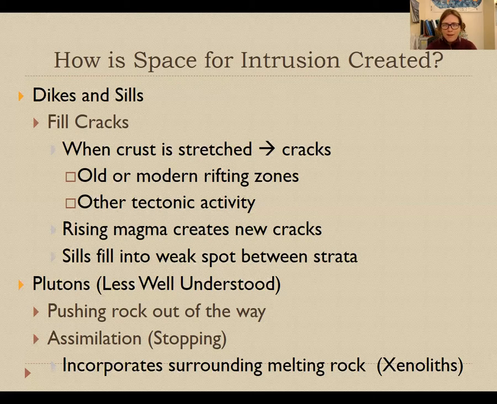So the force from the magma was literally just opening up some space for itself by pushing outwards on the rock. And then in addition, it was also probably melting and assimilating some of the country rock into itself. So it's melting a hole for itself, but then also pushing outwards on the country rock to create this space. And we know that at least some assimilation is happening because we talked about the presence of these little xenoliths, these little foreign pieces of country rock that are found within these magma intrusions.